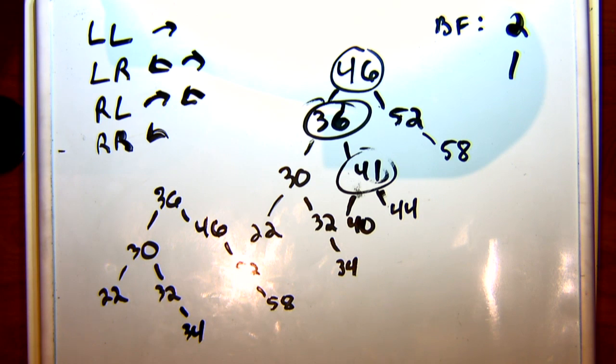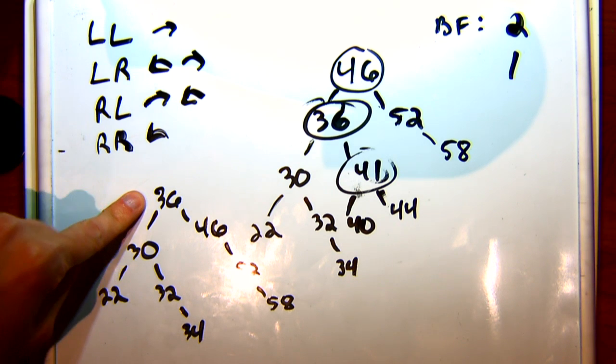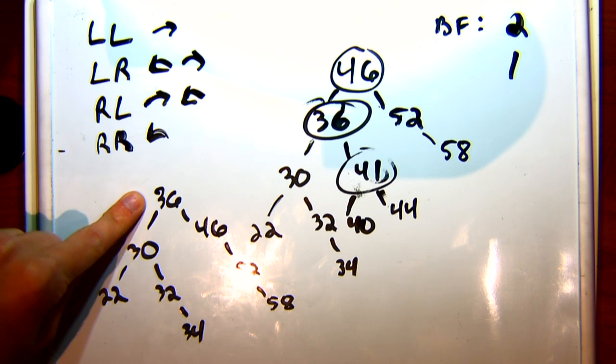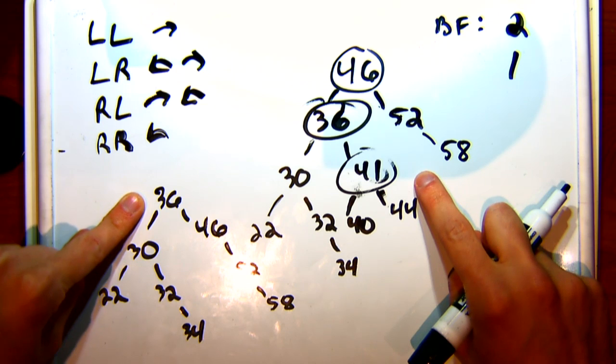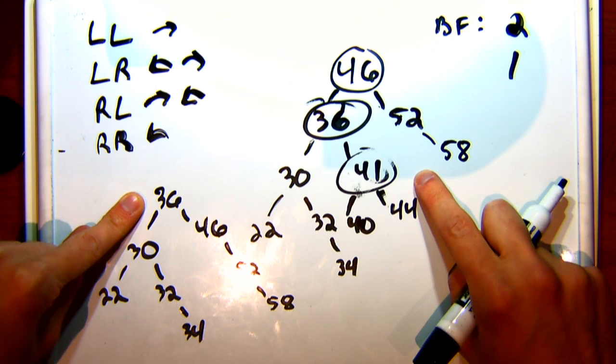All right, so this is basically the entire tree. I think you can see all of it, except for that 41, 40, and 44. Now, 41 got orphaned because 36 couldn't take any more right children. They had to take 46 as its right child. But 41 can fit somewhere else in the tree. Where is that? Anybody can tell me?